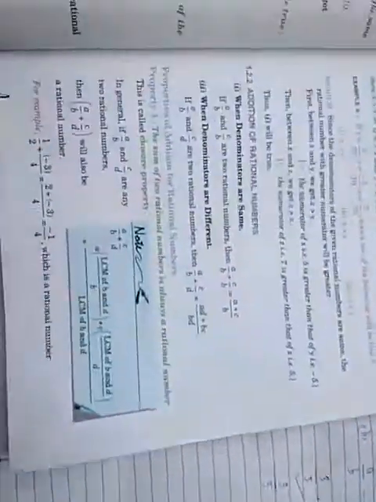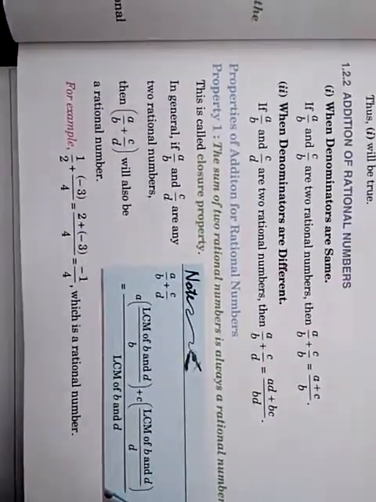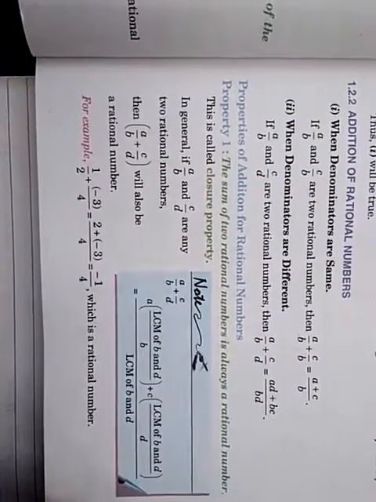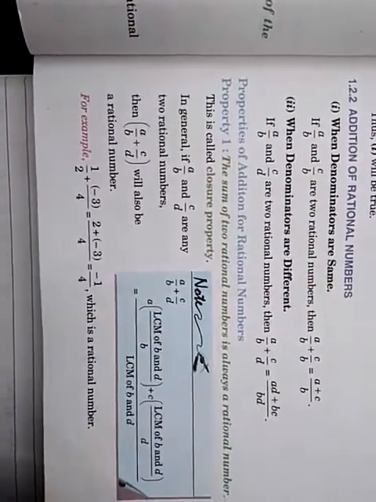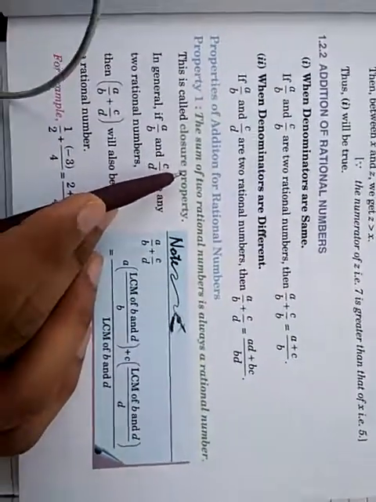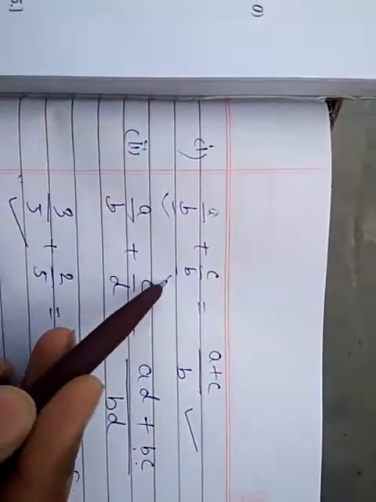Now we have some properties of addition for rational numbers. Property 1: the sum of two rational numbers is always a rational number. This is called the closure property. Suppose we have two rational numbers, this and this.